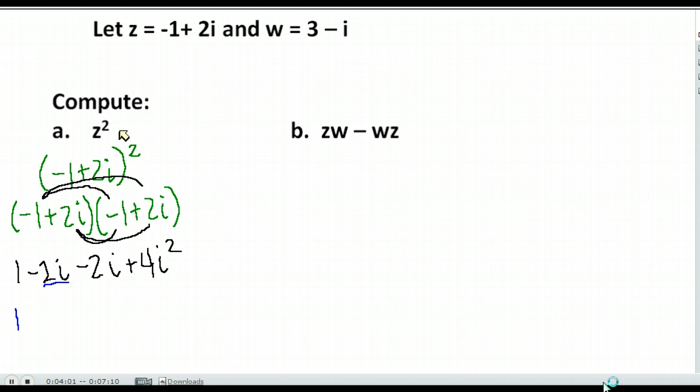So I have 1 minus 4i. I combine my i's. And then remember the i squared is negative 1. So 4 times negative 1 would give me a negative 4 here. And I just now put my real numbers together. 1 minus 4 gives me negative 3 minus 4i as my answer.